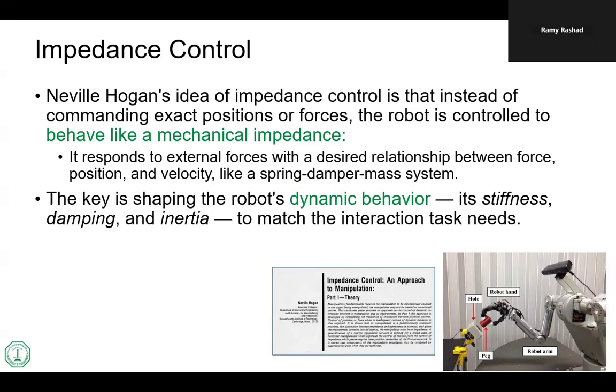The whole idea is simply that if you look from the open port between the wrench and the twist, just make the environment see the closed loop system as a mechanical impedance. What does the word impedance mean? It comes from the electrical domain, but from the mechanical domain, it means there's some equivalent inertia, some equivalent stiffness, and some equivalent damping.